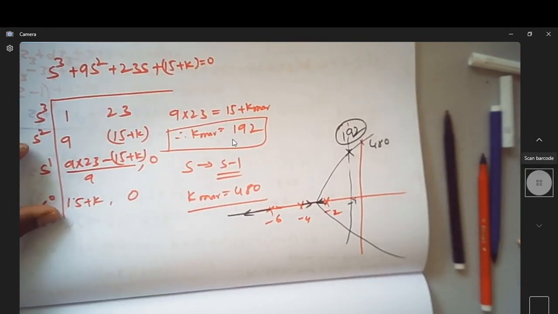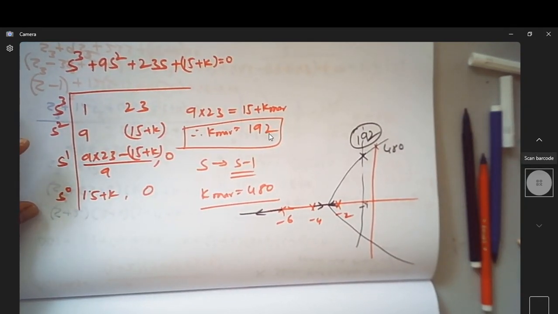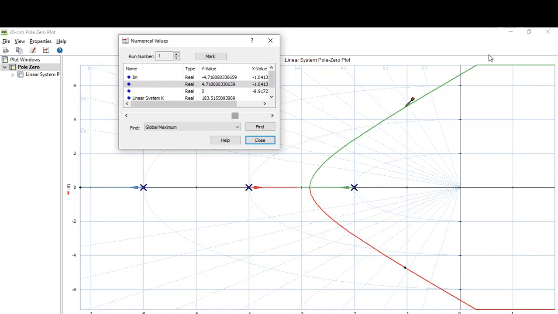So as per our calculation, this happens to be 192. What it actually means is, when the poles have to be more negative than minus 1, if the poles have to come to the left hand side of this, the value of K should be less than 192.